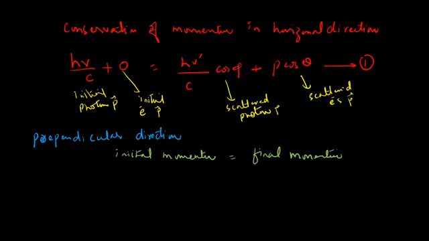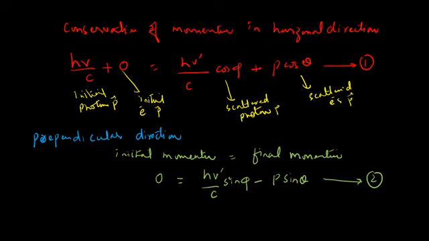In the perpendicular direction, the initial momentum of electron and photon both is equal to 0, while the final will be equal to h mu prime by c sine of phi minus p sine of theta. So this is our equation number 2.